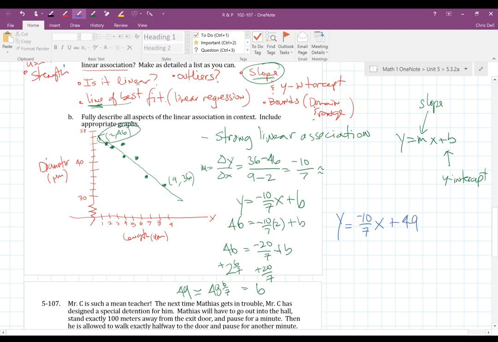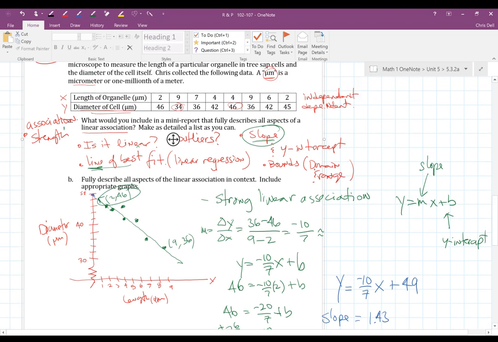What does that mean? It would have crossed somewhere right about there, which makes sense at 49. So let's interpret it. What is the slope? Negative 10 sevenths, put as a decimal so we can interpret it in this situation, is approximately negative 1.43.